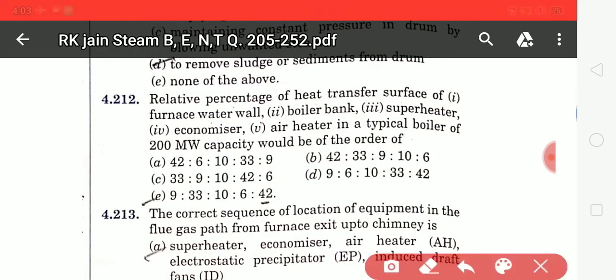Means furnace water wall will be 9%, boiler bank 33%, superheater 10%, economizer 6% and air heater 42%.